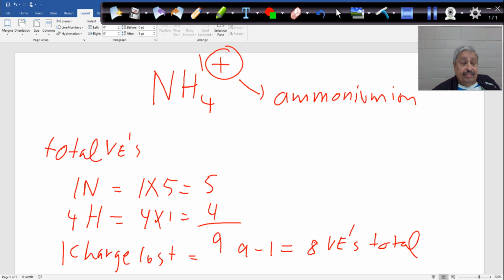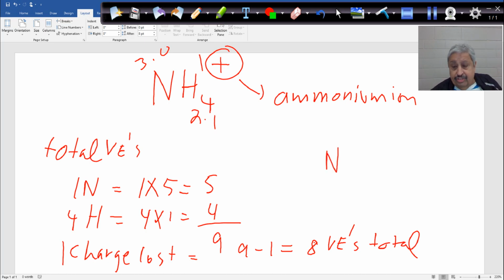So hydrogen is always at the edge. Regardless, I know nitrogen is about 3.0 and hydrogen is 2.1 in electronegativity, but I have no other choice. Hydrogen has to be at the edge, cannot be in the middle.